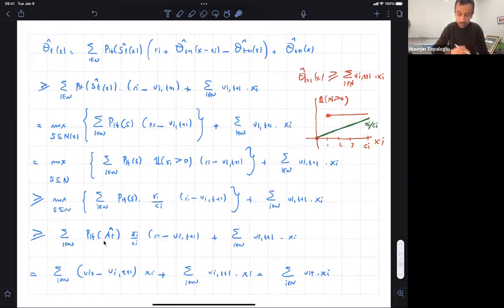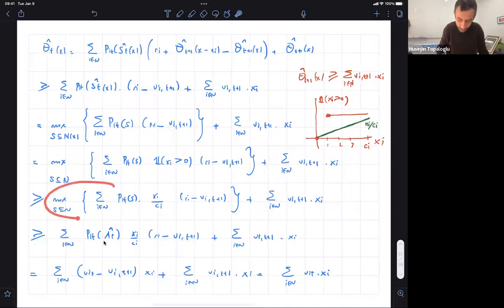Let's remember how we computed our ideal assortment. The ideal assortment was the optimal solution to this maximization problem.